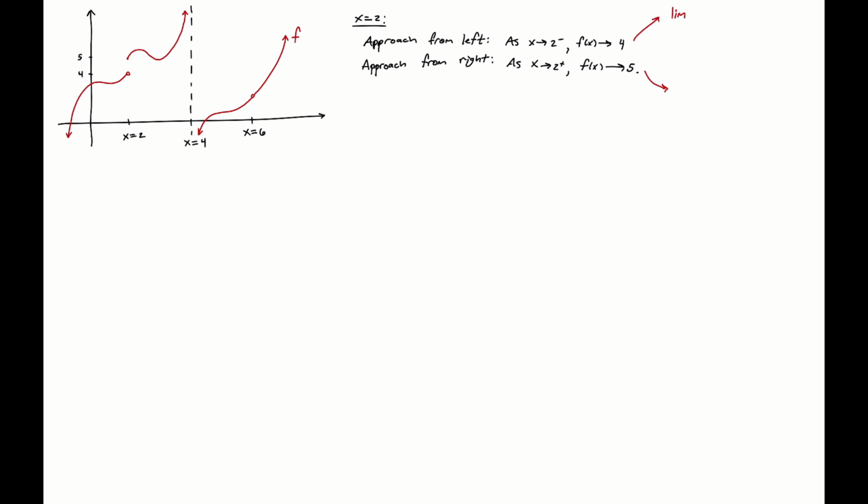This is called a limit as x approaches 2 from the left, and we're taking the limit of the function f so that we get 4. And down here, this is a right-hand limit, approaching 2 from the right of f, and this yields 5. Collectively, these two limits are called the one-sided limits.